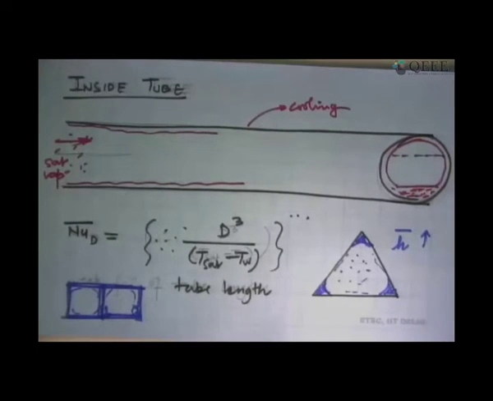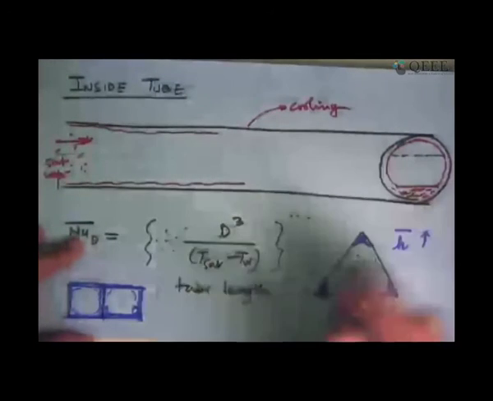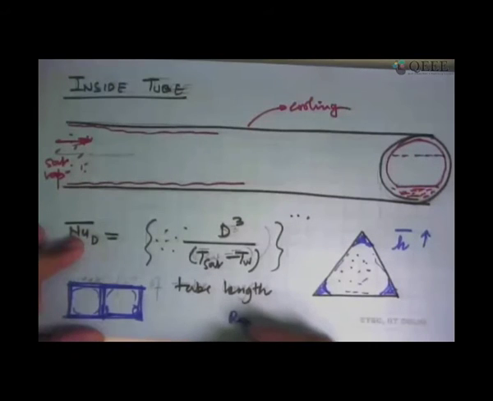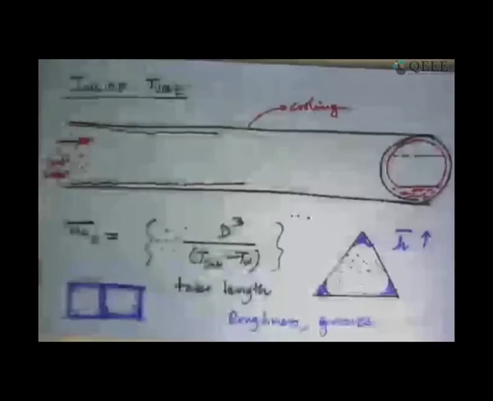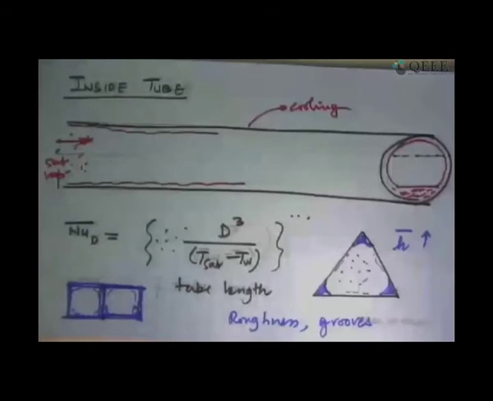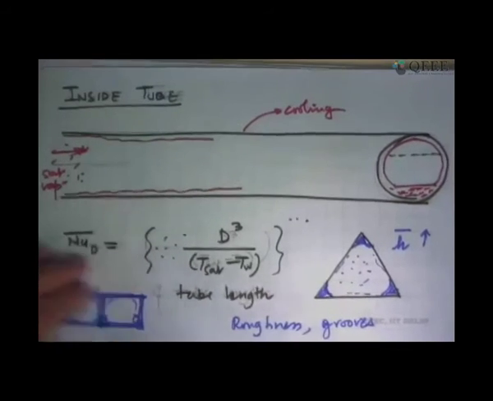I'll show you some pictures also after this. But this is the idea where a lot of the research has happened, that instead of leaving a smooth surface, can I give it some type of roughness or put, say, grooves on it and enhance the heat transfer coefficient. A lot of this has happened, and almost all the condensers that you see today have one of these things in there.